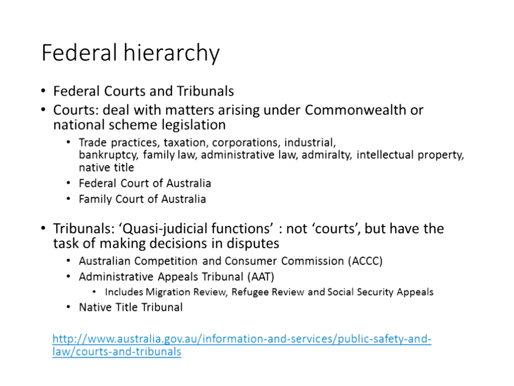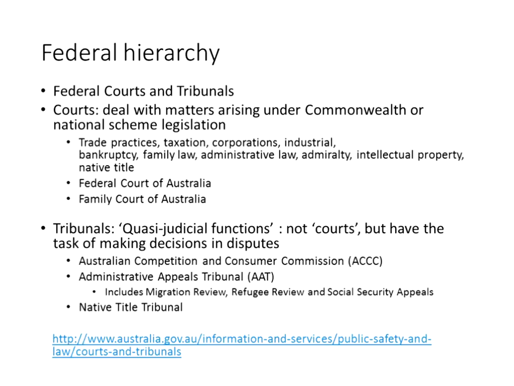So this is where you know where to look for case law relating to certain pieces of legislation. Is it state law or is it Commonwealth law? That will be a guiding principle. There are also some national schemes like company law, corporations law. That's a national scheme, and so that is under the federal hierarchy.